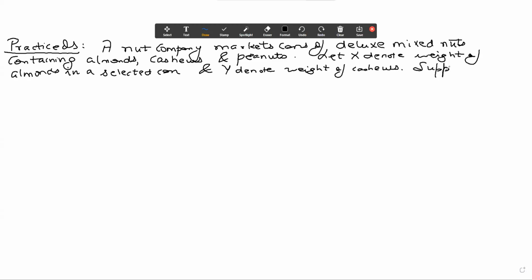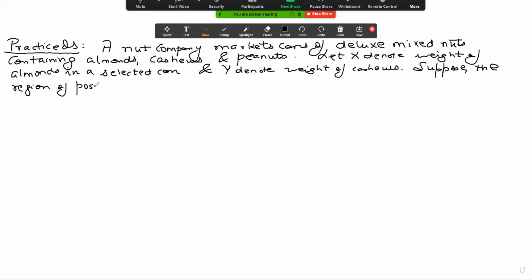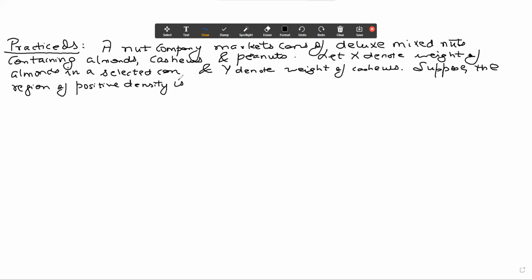Suppose the region of positive density is given by the set of X comma Y such that X lies between 0 and 1, Y lies between 0 and 1, and X plus Y should be less than or equal to 1.